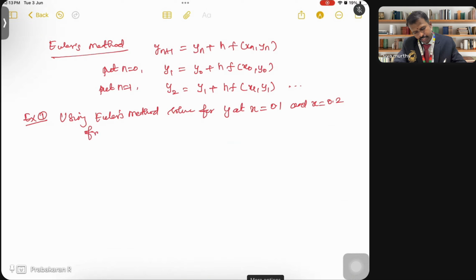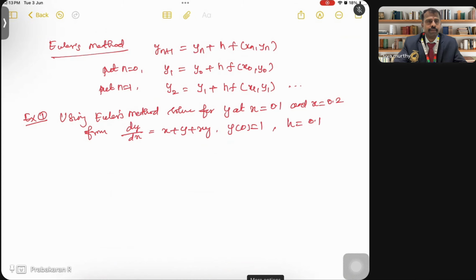From the differential equation dy/dx = x + y + xy, y(0) = 1, then taking h equal to 0.1.